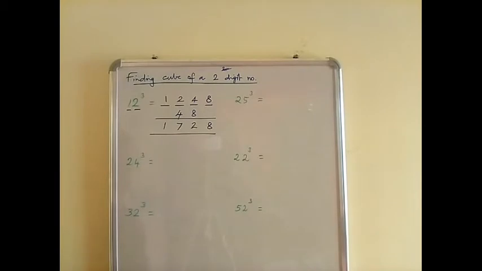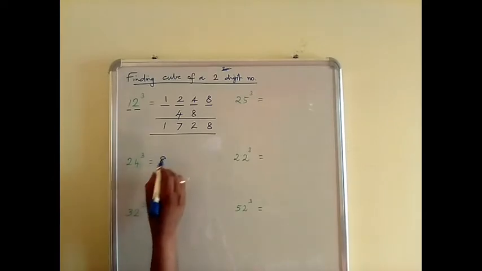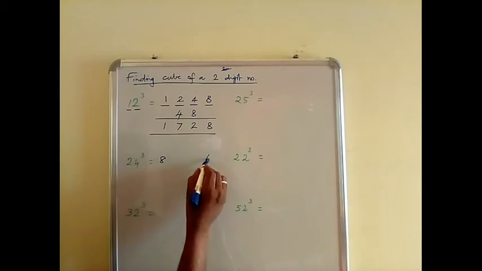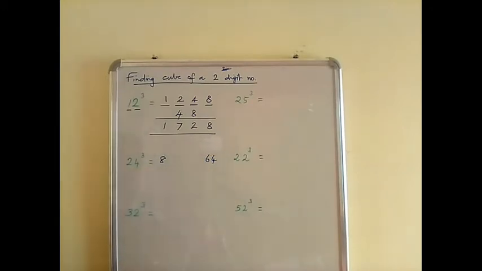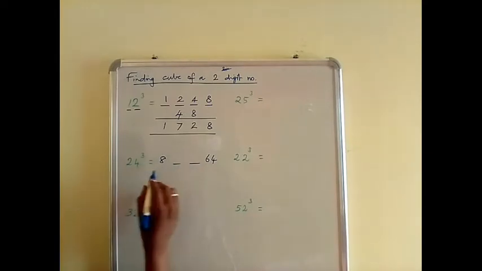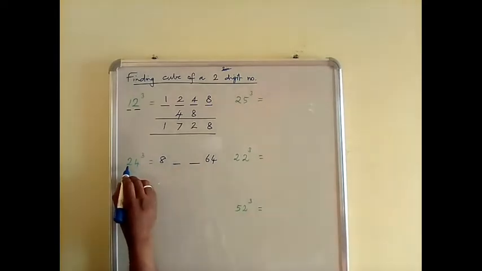Now consider the second number, say 24 cube. First digit is 2, so 2 cube is 8, and 4 cube is 64. Now to write the middle numbers, this is a square b, square of the first digit into second digit.